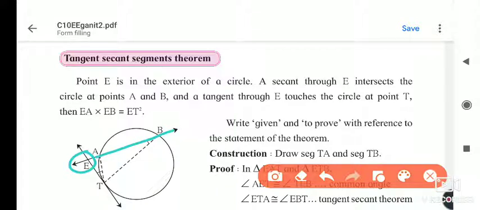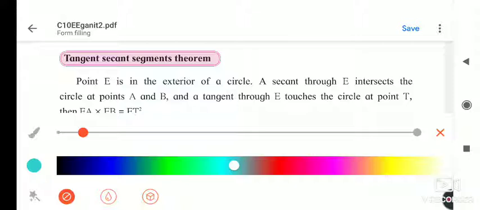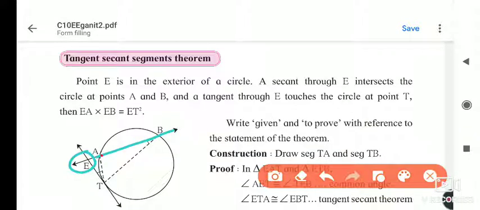Now a secant through E intersects the circle at points A and B. And a tangent through point E, the line which touches the circle at one point, so at point T it touches the circle.